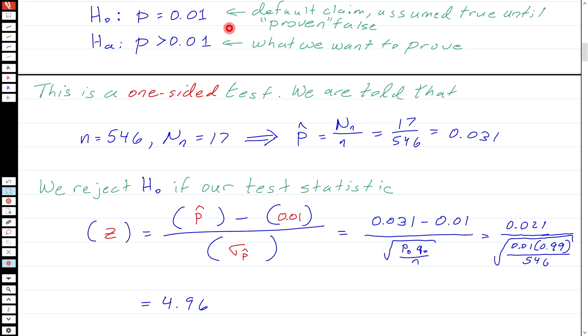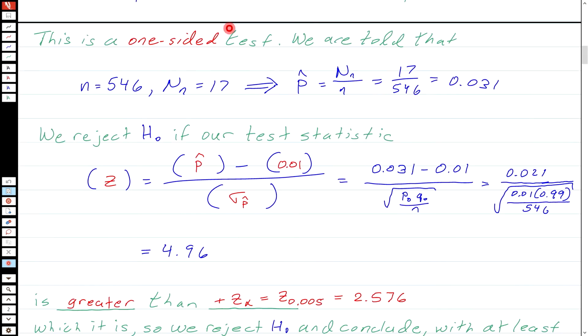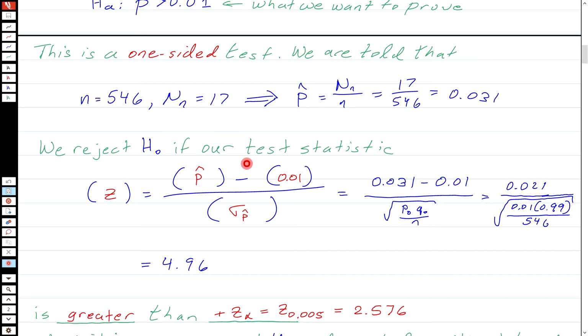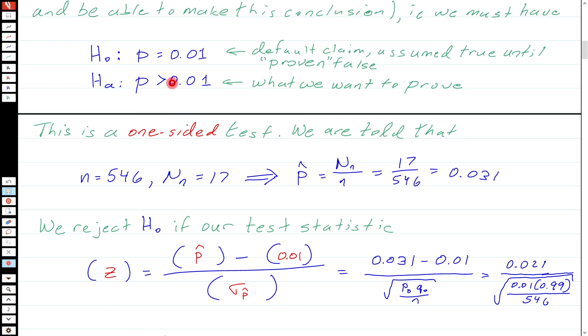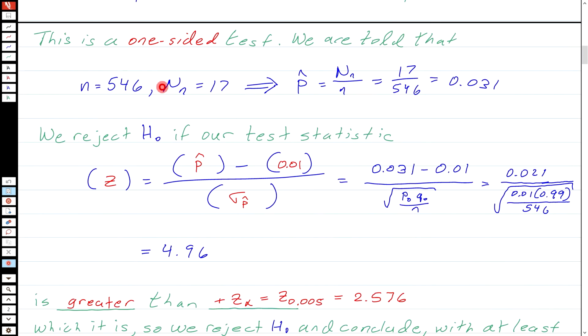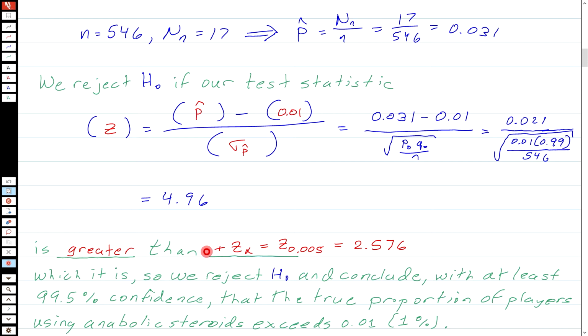Okay, so continuing our sentence, we reject H naught if our test statistic Z equals 4.96 is, and the value here comes from our alternative, and it's the greater than sign there, so we put greater than. Then we're looking in the positive direction, so it's plus z, one-sided test, so it's alpha here.